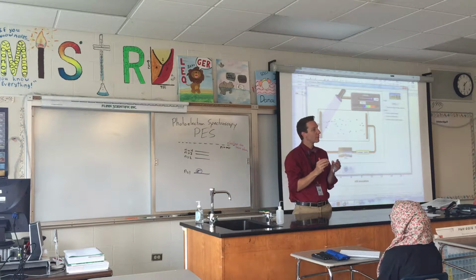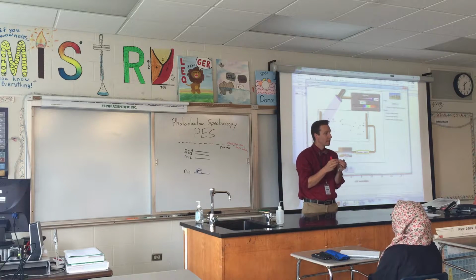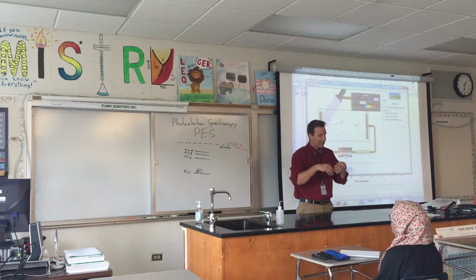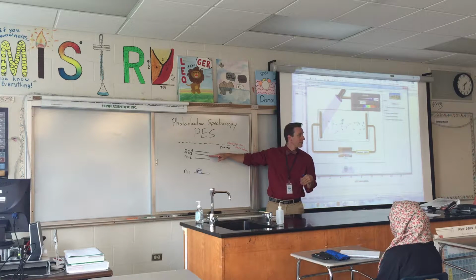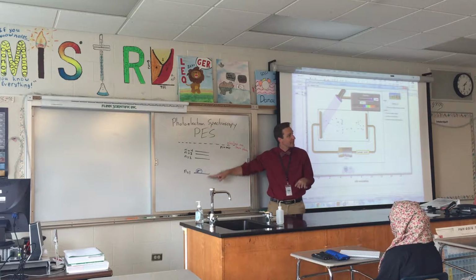But what you'll see is, for most substances, if you excite their electrons, they move around within these different energy levels. So I can excite an electron from the first energy level to the second energy level, but it's not going to stay there. Electrons always try to get to the lowest energy level, the closest shell they can possibly be in.